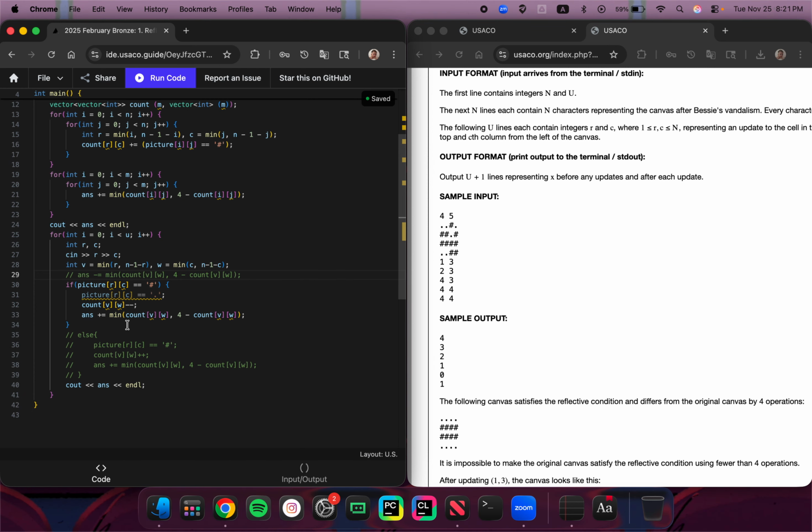Don't tell me why it is. Why? Oh, we have to have that right. Picture r c is equal, oh my god, that's why. I'm being an idiot.